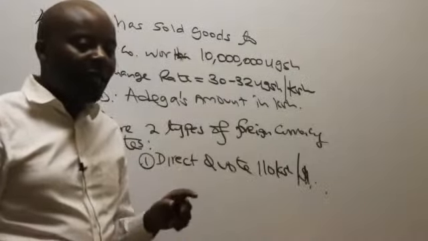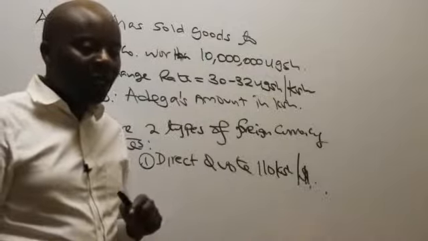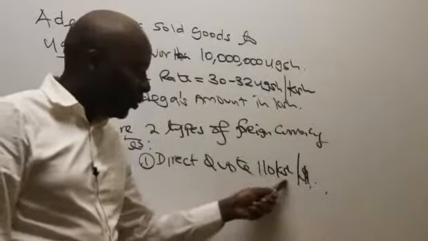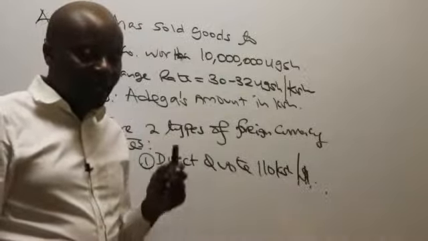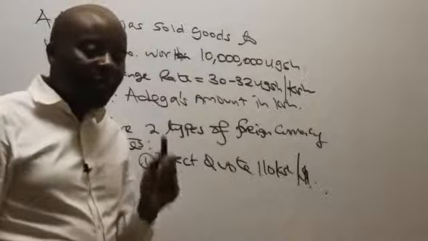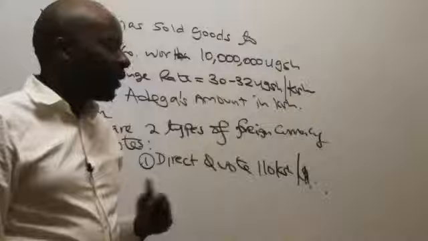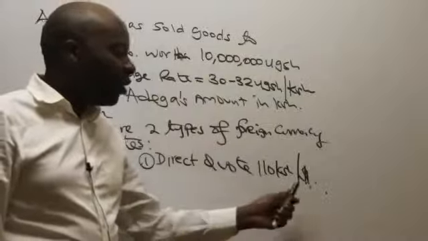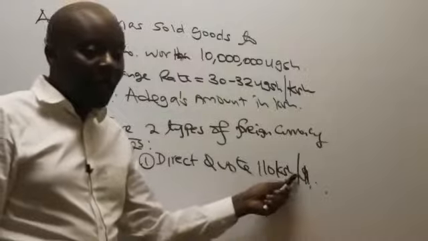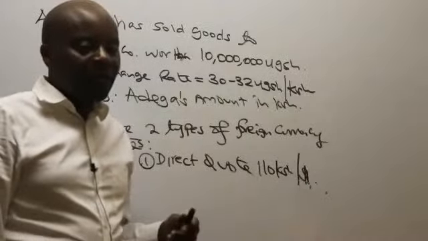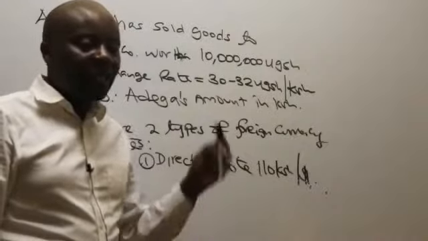I'm repeating again. For direct quote, an amount of local currency, the same as the home currency, needed to purchase 1 unit of foreign currency is given.